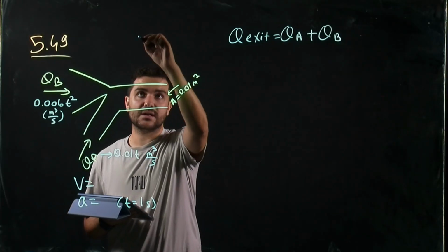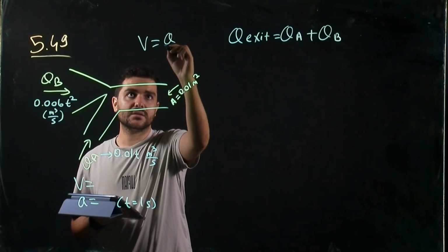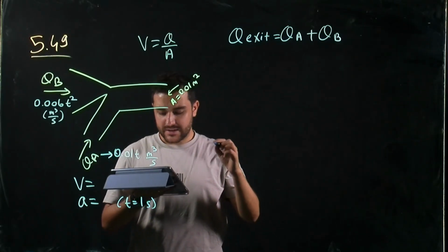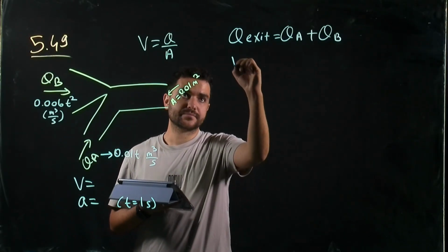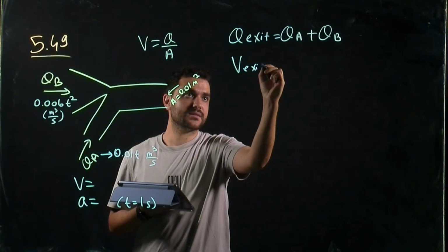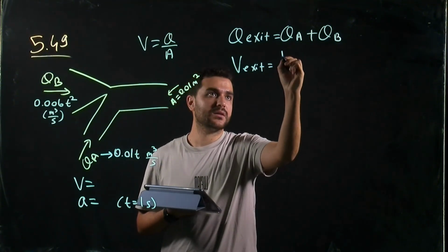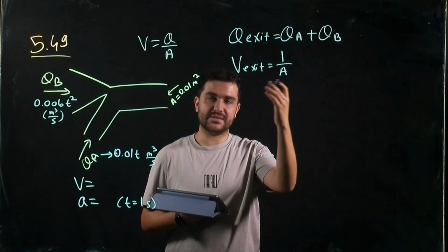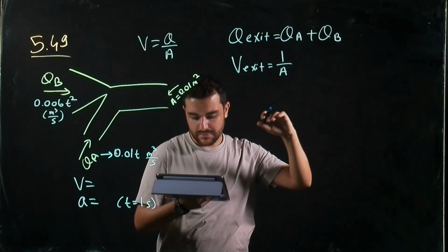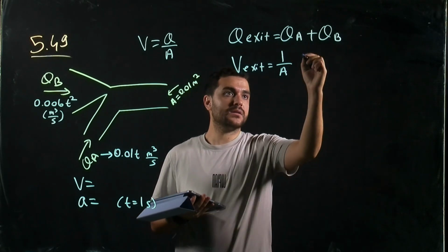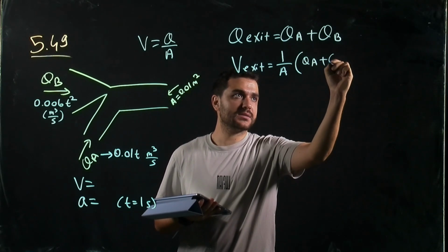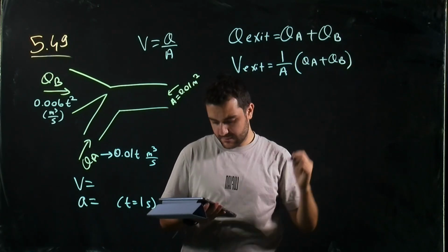Since V is Q over A, we can directly write something like this. V exit is equal to 1 over area, so we are basically dividing the entire term by area, times QA plus QB.